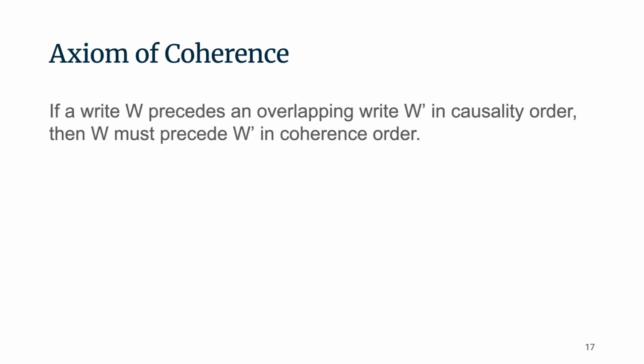What that means is basically not a lot, to be honest. I think, if I'm understanding it correctly, it's saying that if a write is writing to a memory address that the other one is also going to write to, then everyone else must recognize that W prime was the actual last write, I think.